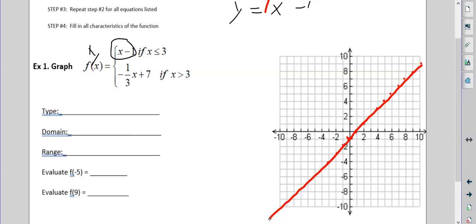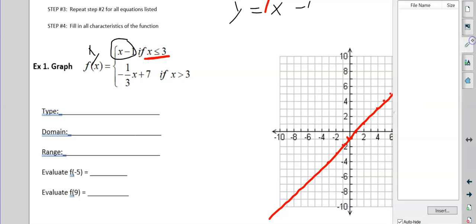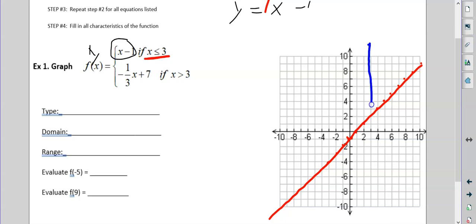Okay? But the problem is we don't want the entire line of x minus 1. We only want our x values to be less than 3. So what we're going to do is we're going to take magic scissors at 3, and we're going to cut right here.